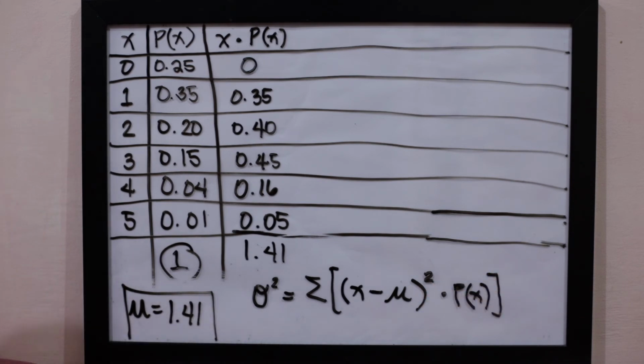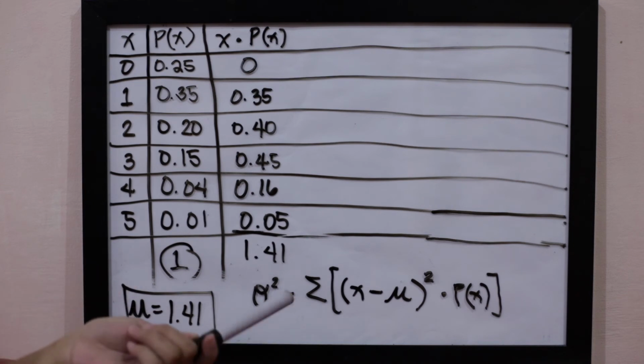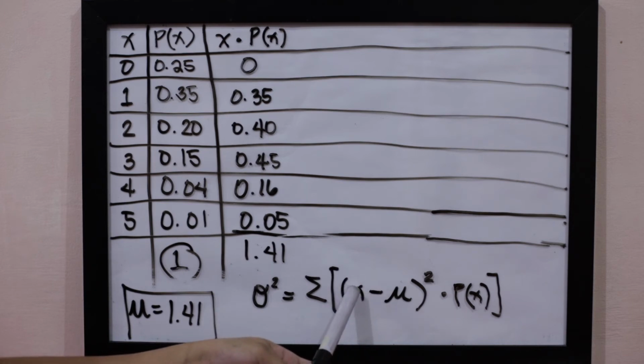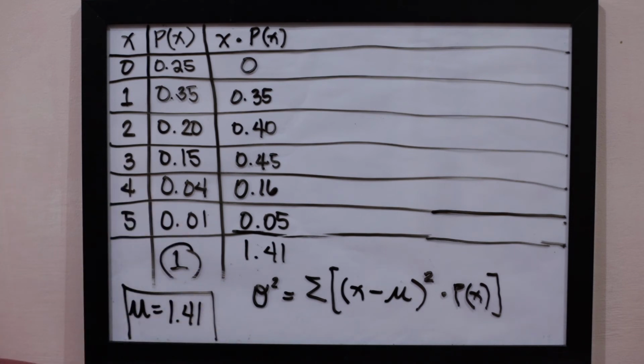Then, close bracket. So, the summation of the product of the probability of x and the quantity of x minus the mean squared. So, ganyan po kukunin yung variance.